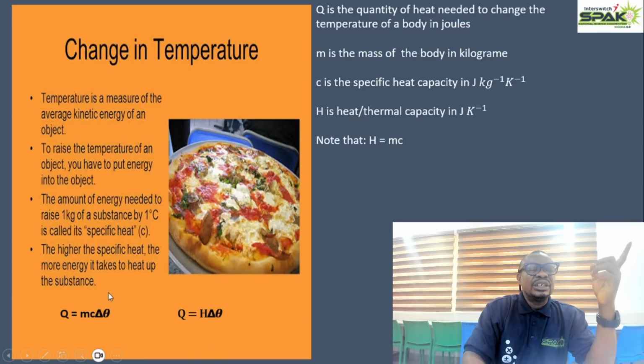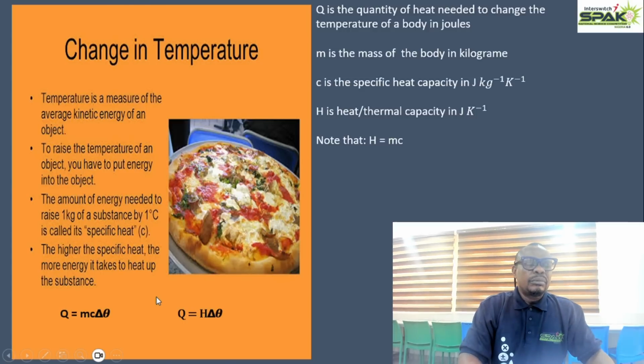Then take note of this: for changing the temperature of a body, heat capacity is involved in the formula. But when you have to change the state of a body, your mind should go to latent heat, and there is no change in temperature when you talk about latent heat. Is that taken? All right.